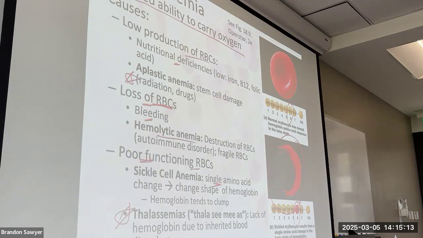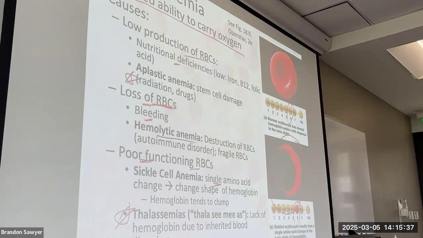I don't know exactly what would make it look really light, but that is a difference. If somebody has an arterial bleed, you'll see the blood looks very different when it comes out versus what we normally see when blood is coming out of a cut. It's a little bit darker, and that has to do with the level of oxygen saturation. It changes the color of the hemoglobin. Yeah. So, other questions on that?